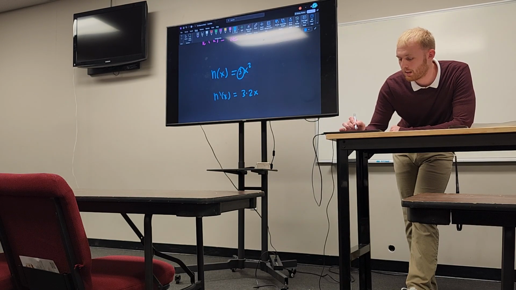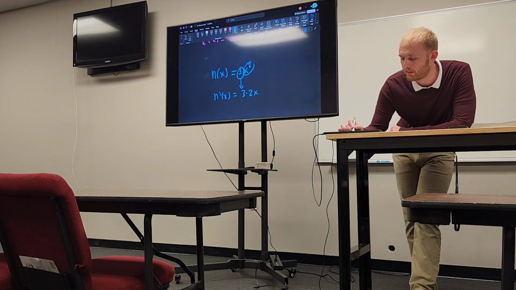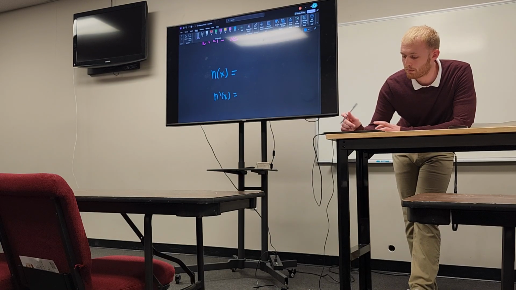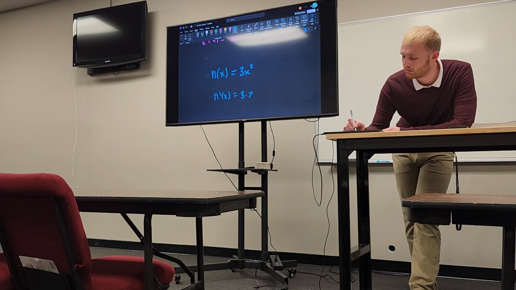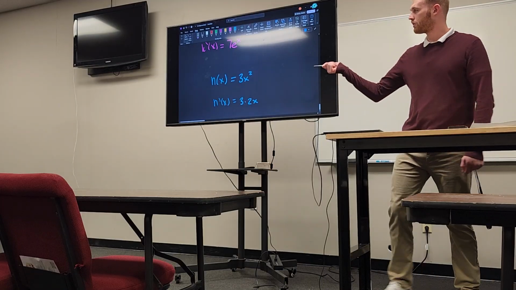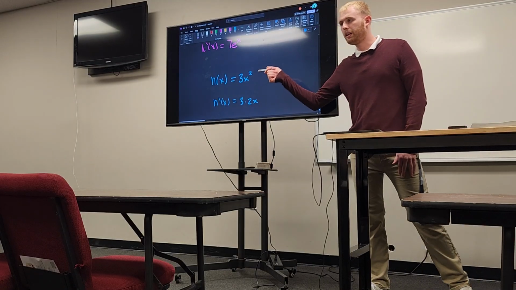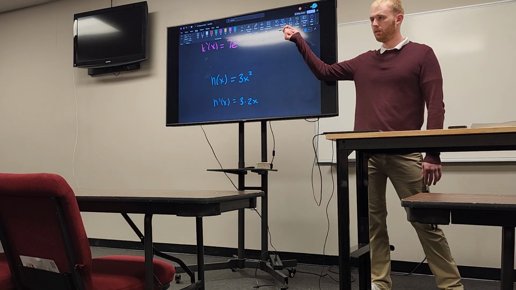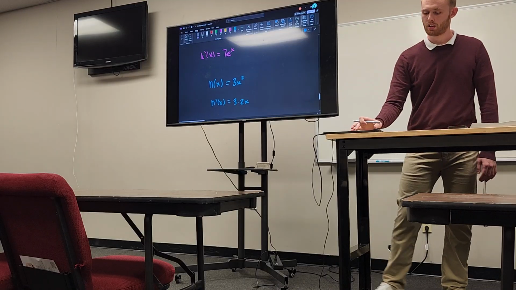Because this constant just hangs along for the ride, and then we take the derivative of this function, which is exactly what we just did with e to the x, except that we worked it through. So we already knew this constant rule from when we did the power rule, but now we can apply it to our exponential function of e to the x. Okay?